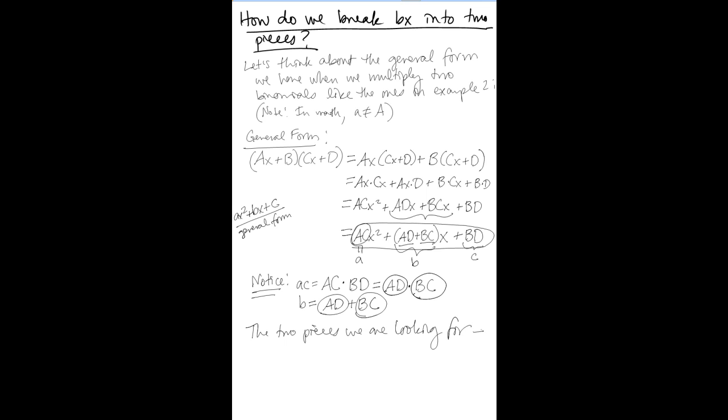In order for them to work, they need to add up to B, but they also need to multiply to get AC, right? Because the pieces we're seeking are these two pieces here, and if we can find them, they add up to B, and they multiply to give us AC, no matter what that lowercase a and that lowercase c are.